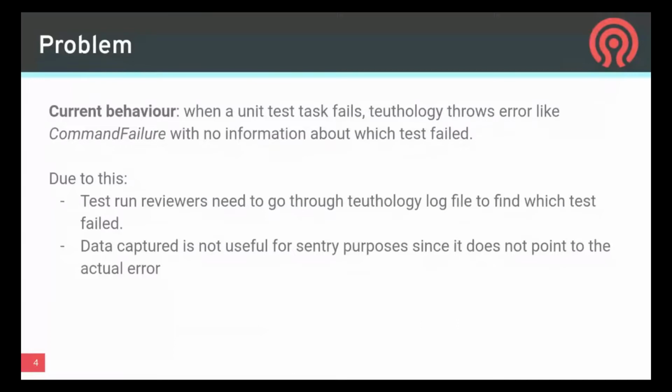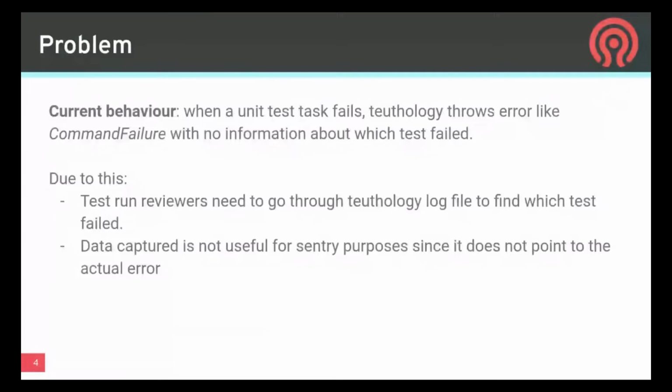So what happens is the reviewer has to go through the Teuthology log files, which can be really large, and look through that log file to find where each test failed, and all of that information. So it takes quite a bit of time for the reviewer.